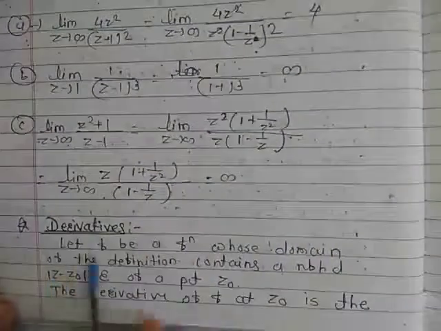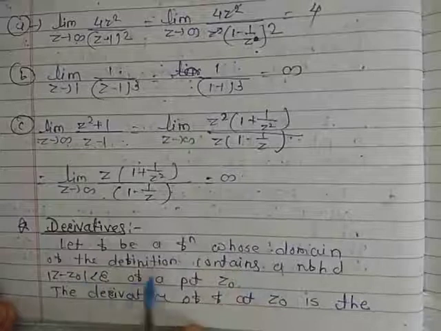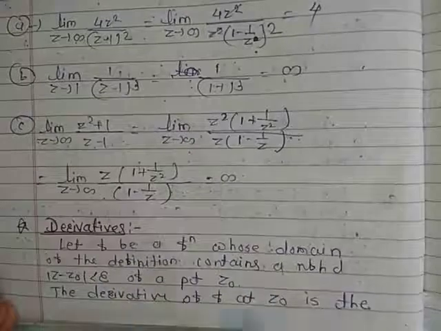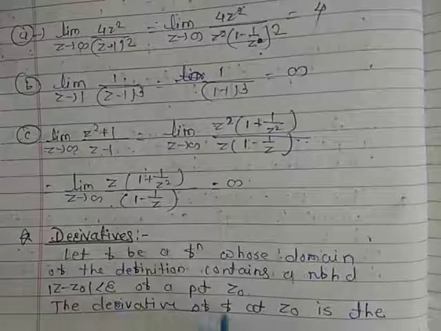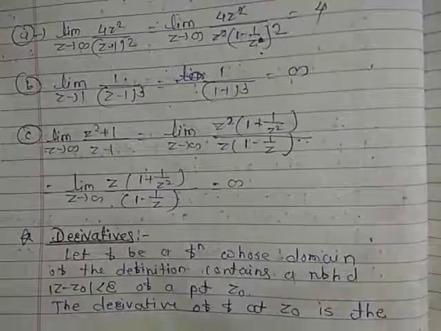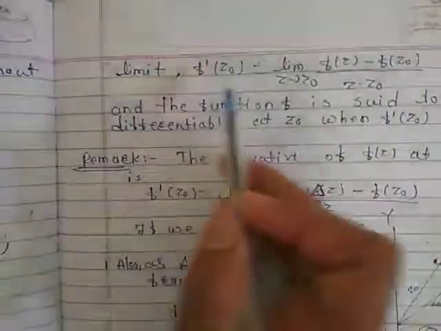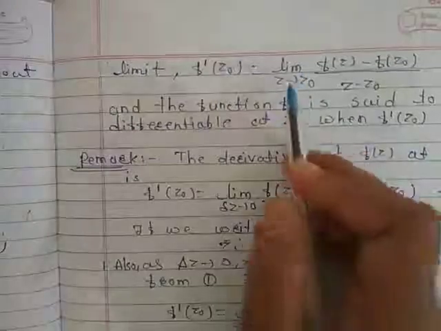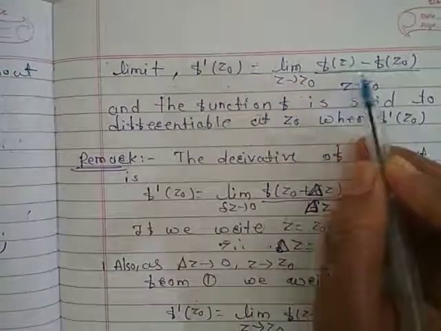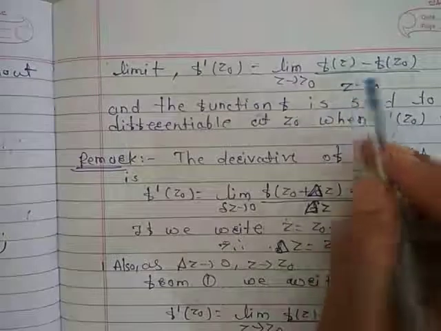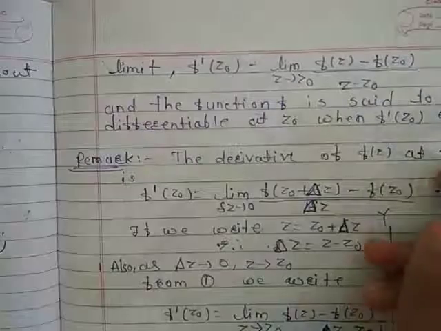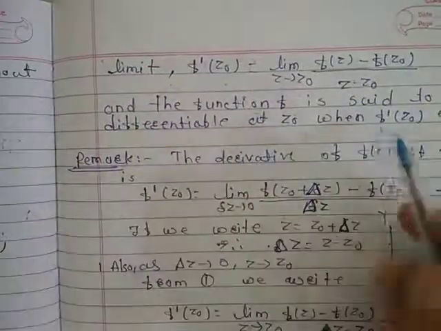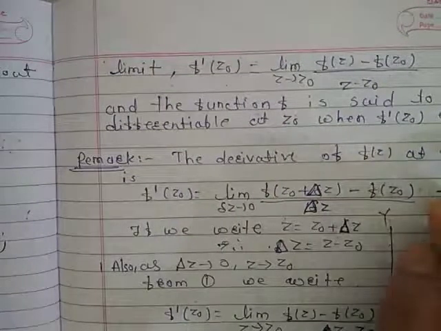Next is derivatives. Let f be a function whose domain of definition contains a neighborhood mod z minus z0 strictly less than epsilon of a point z0. The derivative of f at z0 is the limit: f dash of z0 is equal to limit z tends to z0 of f of z minus f of z0 upon z minus z0, and the function f is said to be differentiable at z0 when f dash of z0 exists.